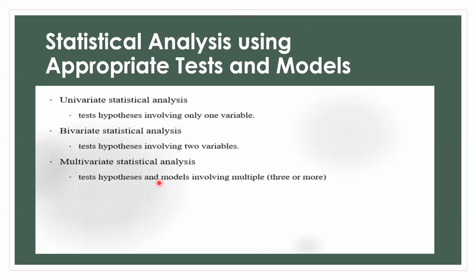Coming to the analysis, basically they fall into three categories: univariate, when you are testing your hypothesis with a single variable, like a one sample t-test, where you are testing whether the mean of a certain group is similar or not to a given standard mean value. So mean is the only variable that we have been considering there.